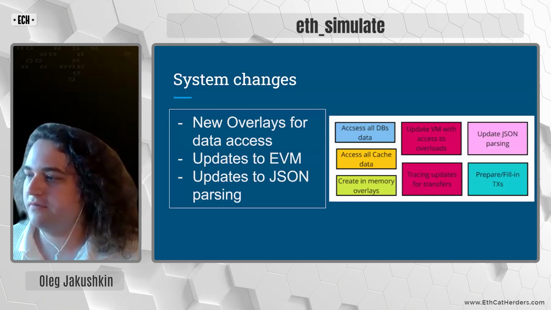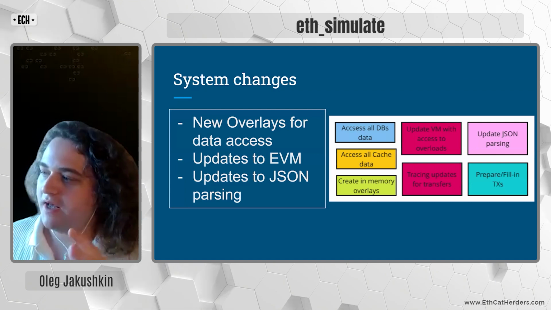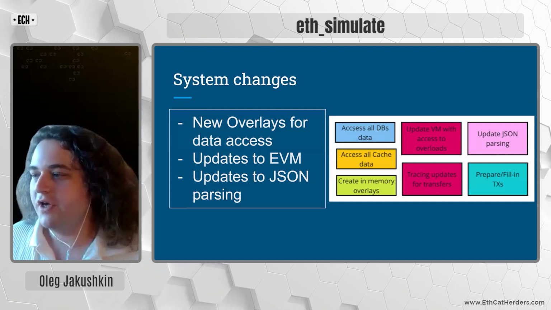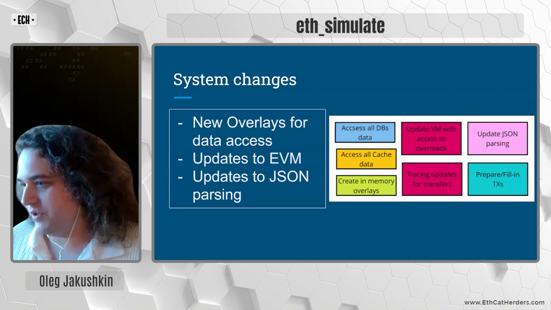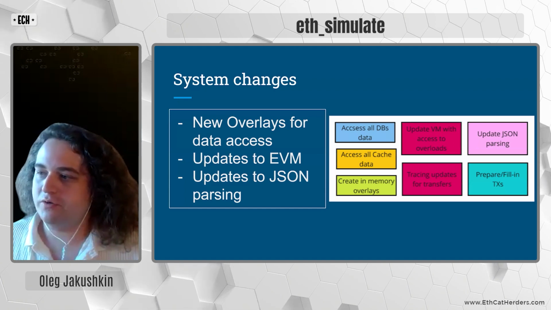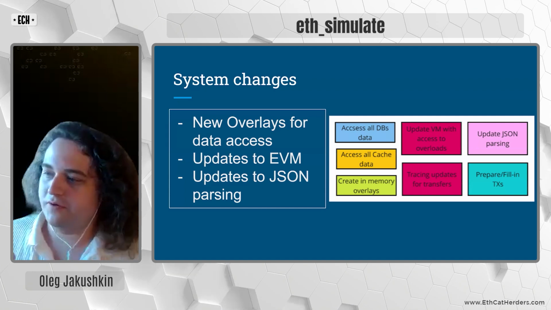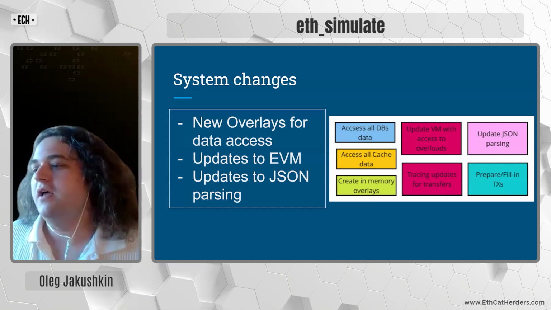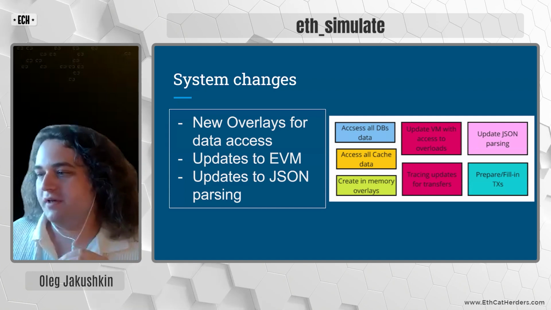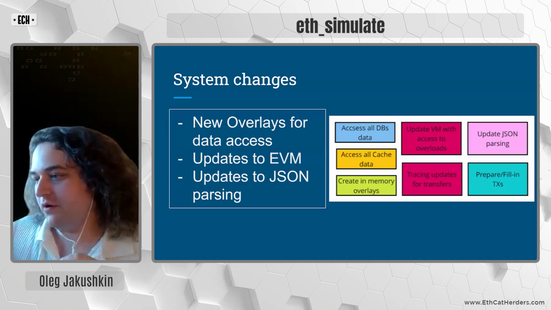And here you can see all the major aspects of our client we had to touch to actually implement ETH simulate. First of all, we needed to take all of the access to the DBs that we had for the code, for the state, for the blocks, and on top of it, all the blocks that were not persisted yet.